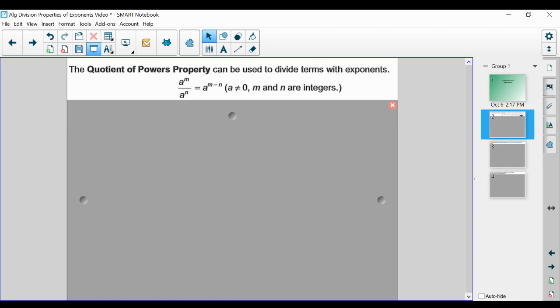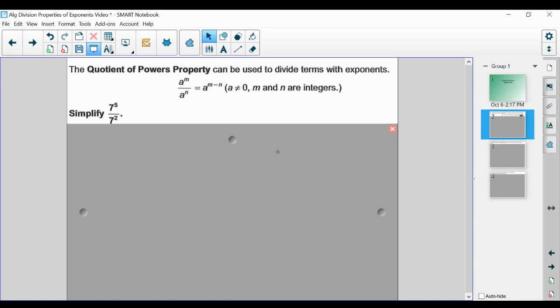This is the opposite of the product of powers property, where we would be adding the exponents together. Now, since we're dividing, we're going to be subtracting those exponents. So let's go through an example to show you what exactly we are talking about here.